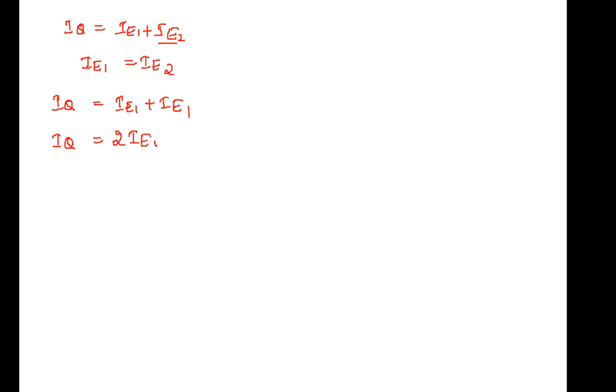So from this I can write IE1 equal to IQ by 2. All the transistors are identical such that IE1 equal to IE2, so IE2 also equals IQ by 2.